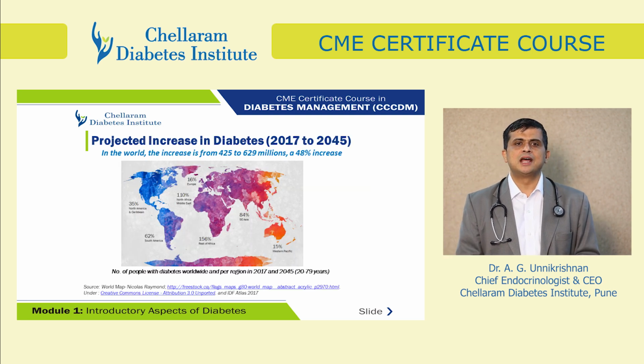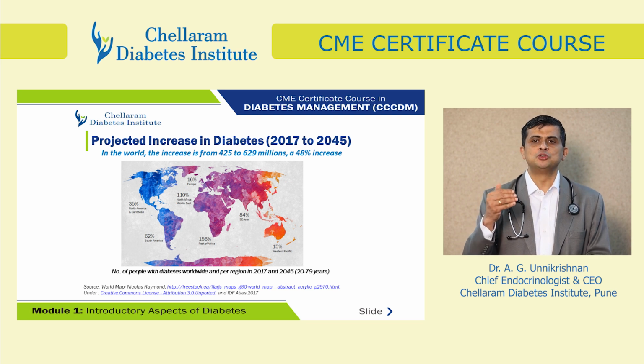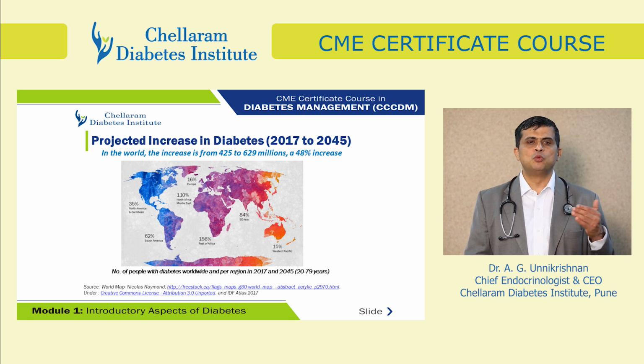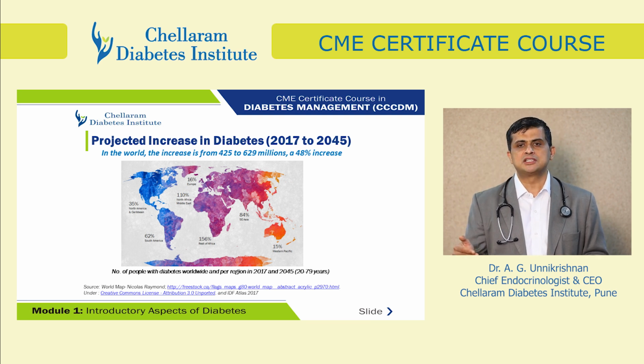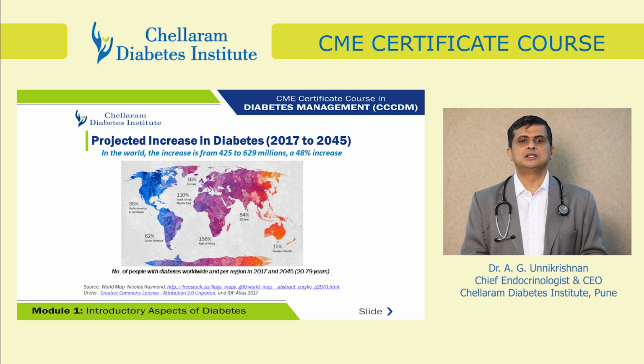Now if you look at this slide, which shows the projected increase in diabetes from the year 2017 to 2045. In the world, the projected increase is from 425 million to 629 million subjects, and this represents a 48% increase.